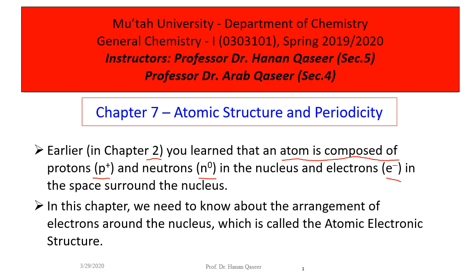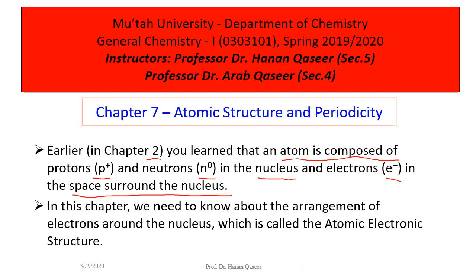Protons and neutrons are located in the nucleus, whereas electrons are located in the space surrounding the nucleus. Protons and neutrons are in the nucleus, while electrons are in the space around the nucleus, or in orbits around it.